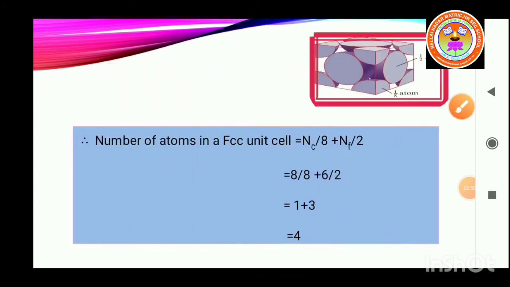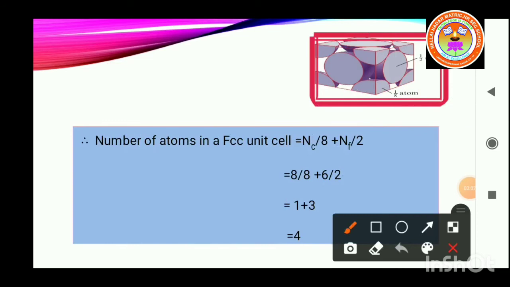So how to calculate the number of atoms in an FCC unit cell? See here, 8 atoms at 8 corners are shared by 8 unit cells. That's why NC divided by 8 like a simple cubic. And see here, the atom at the face center is shared by 2 unit cells.